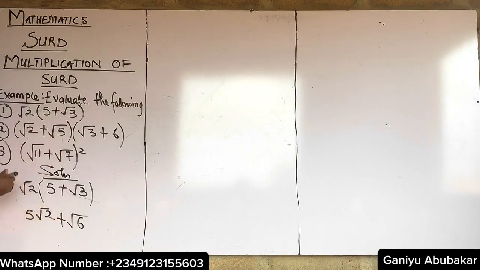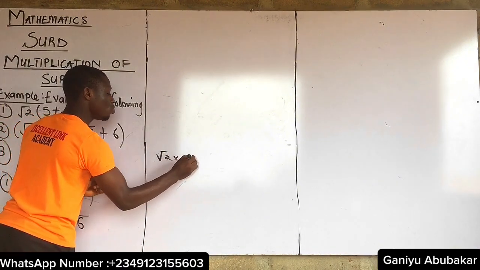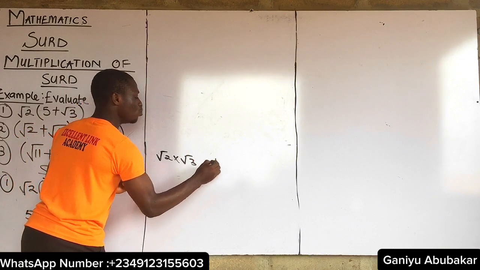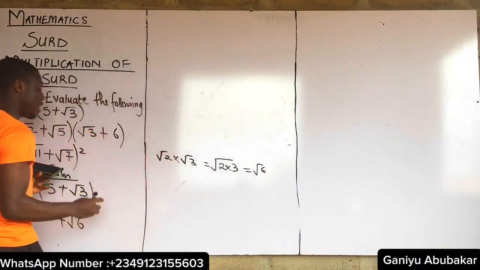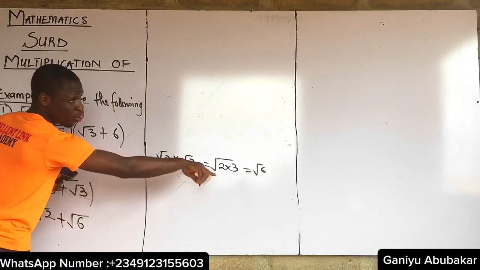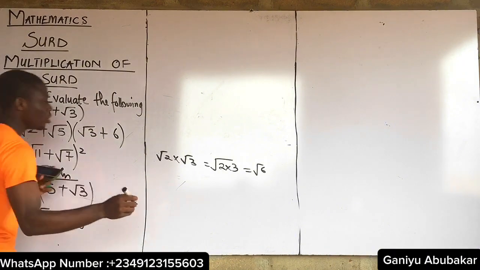If I have root 2 times root 3, this can be written as root 2 times 3, which gives root 6. I assume you should know this concept. Root 2 times 5 will give 5 root 2, not root 2 5.